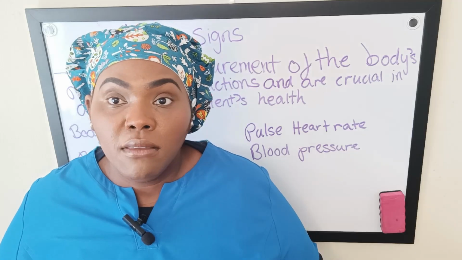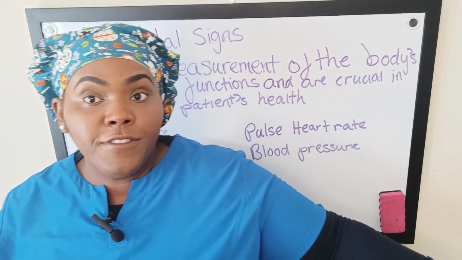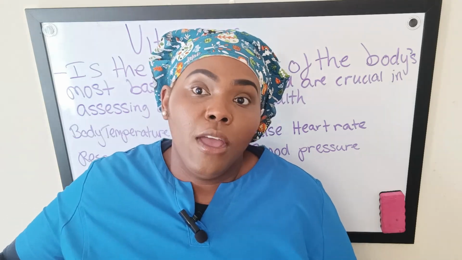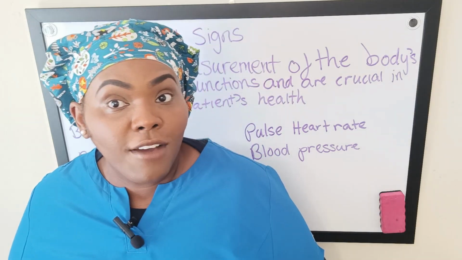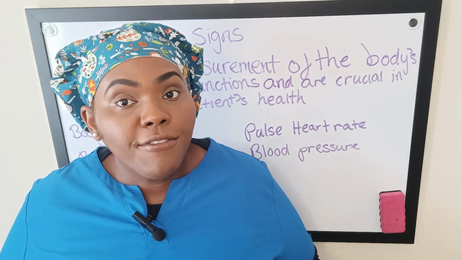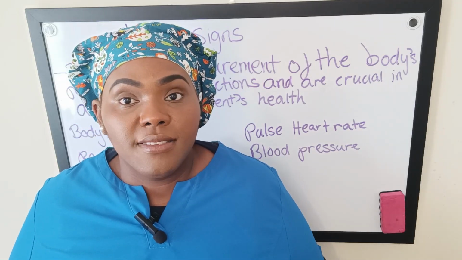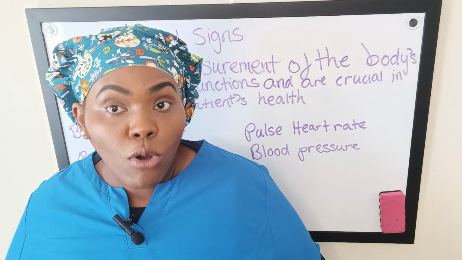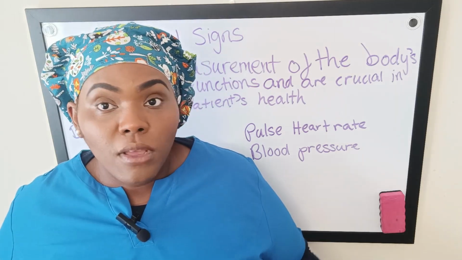When you reach 150/90, 160/100, no. Or even 95/40, that's not a good blood pressure. So we have blood pressure parameters. We will do an in-depth video on how to do blood pressure, but for now, blood pressure is part of vital signs.